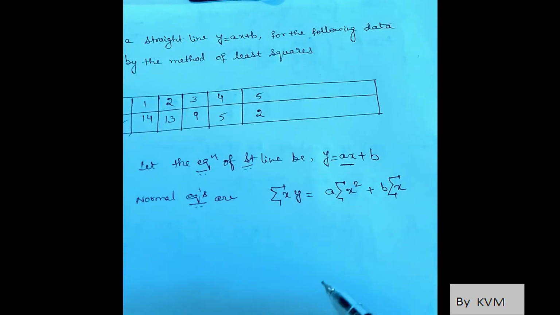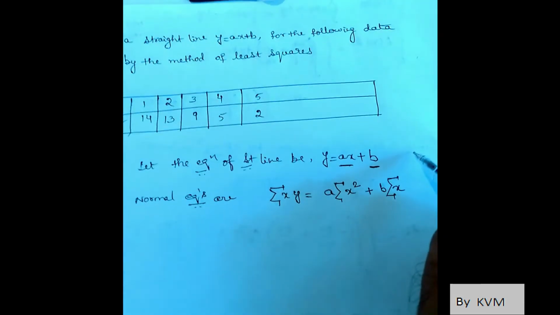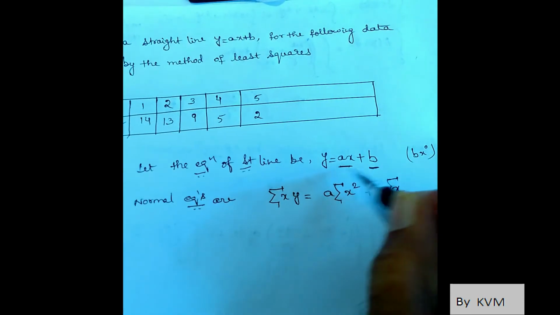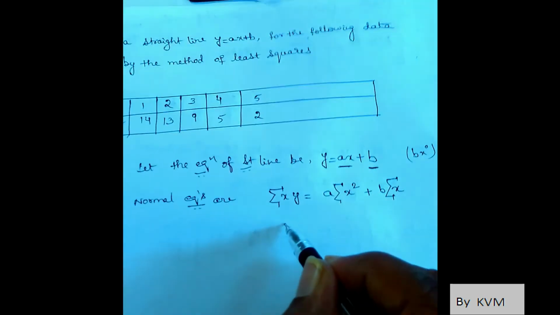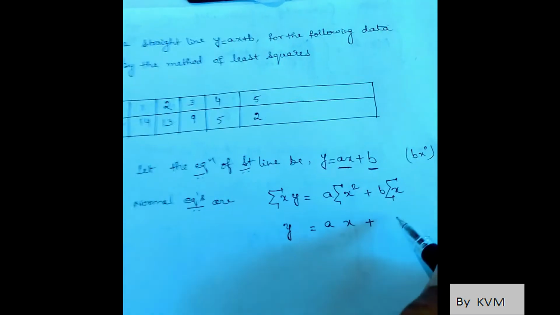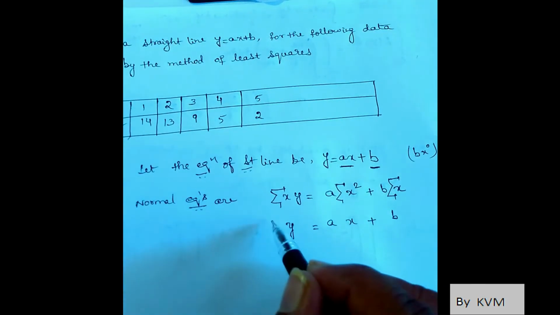Now the second normal equation we have to write. So the second term is b. So here the power of x is 0. So x power 0 is 1. So write down the straight line as it is. So y equals a into x plus b. Then take sigma.